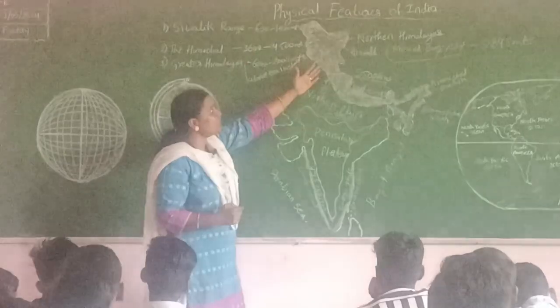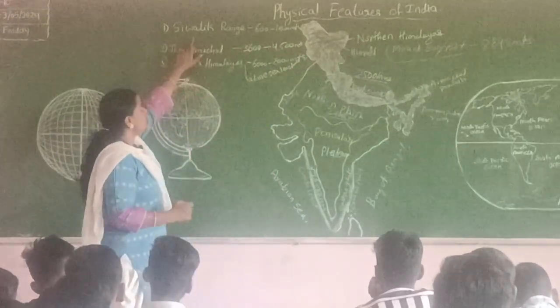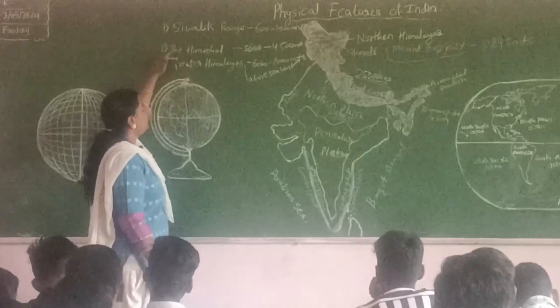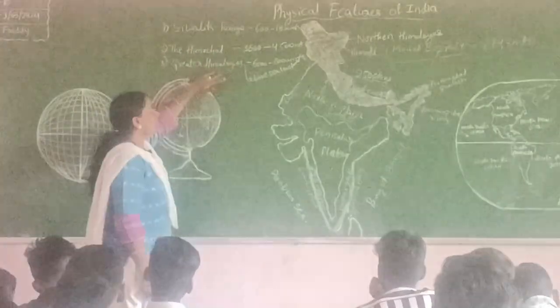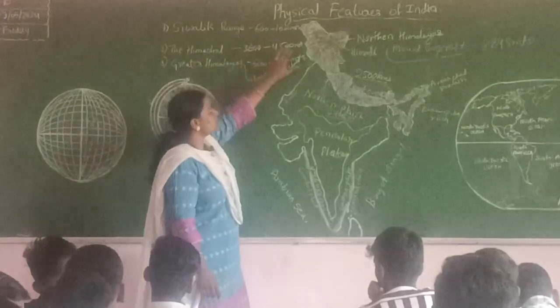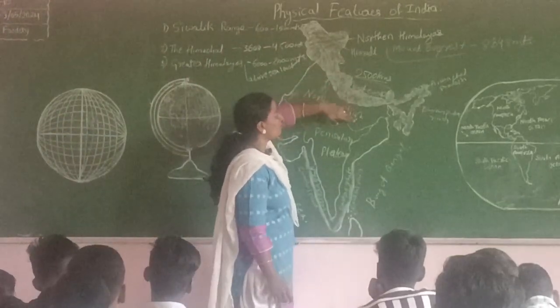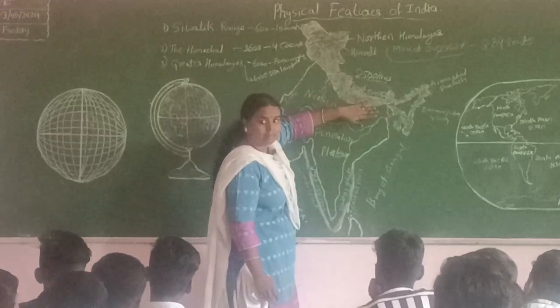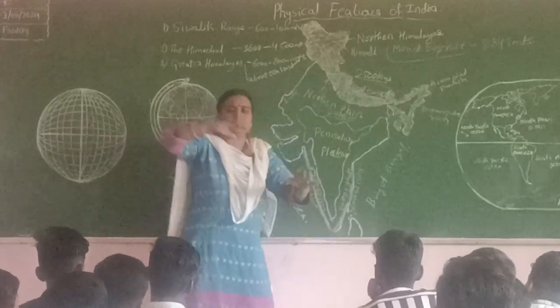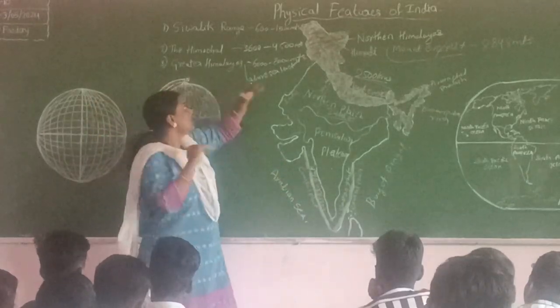In the northern Himalaya, there are three parts: the Sivalik ranges, the Himachal, and the Greater Himalayas. First, the Sivalik ranges come on the downside, the southern part of the Himalaya. These are not the highest ranges, they are medium ranges.